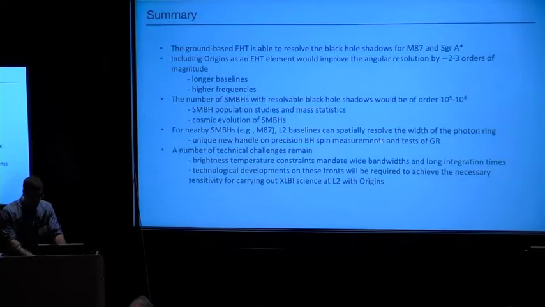So the takeaway that I really want to leave you with is that these resolutions are completely unprecedented, and we've only really just started thinking about them. But some of the science we've come up with so far seems really exciting if it's actually accessible. Being able to measure masses for millions of black holes, being able to measure the cosmic evolution of black holes at any redshift, and being able to study the fine detail, the photon ring substructure, that nets you really precise measurements of some general relativistic quantities that we don't have access to in other ways.